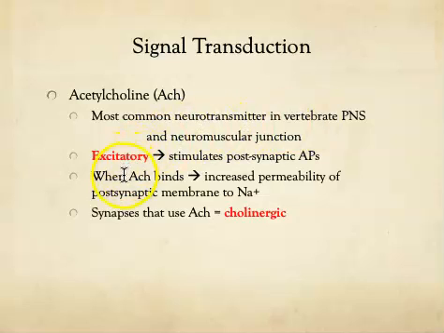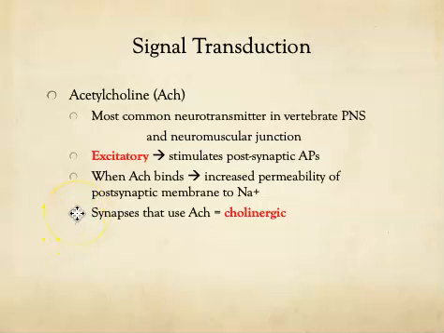Specifically, when acetylcholine binds, it's to a receptor that acts as a sodium channel. So the binding action to that receptor channel is going to cause the channel to change shape and open up, allowing sodium to flow in to that postsynaptic cell.